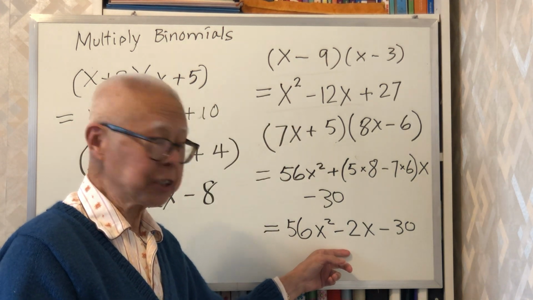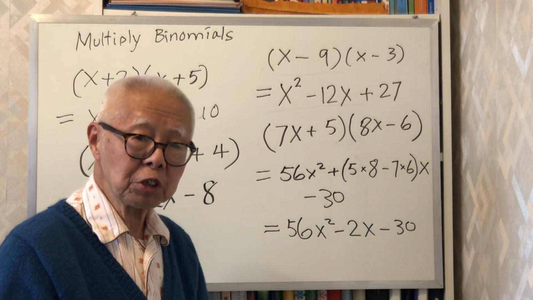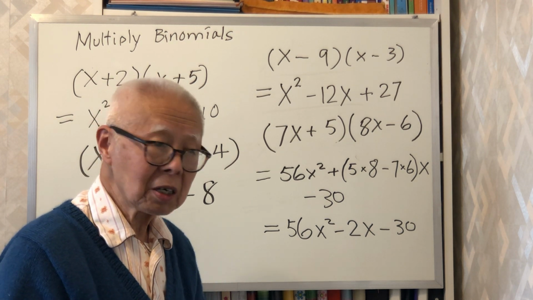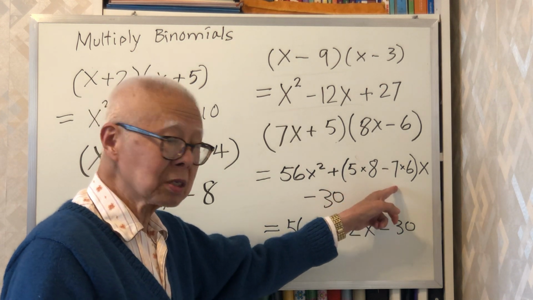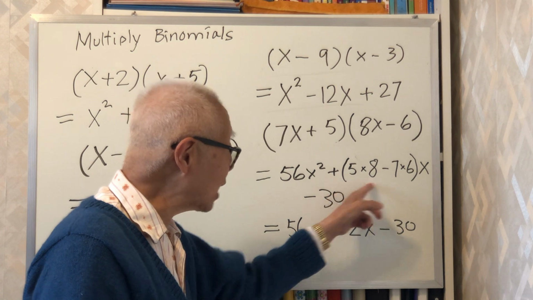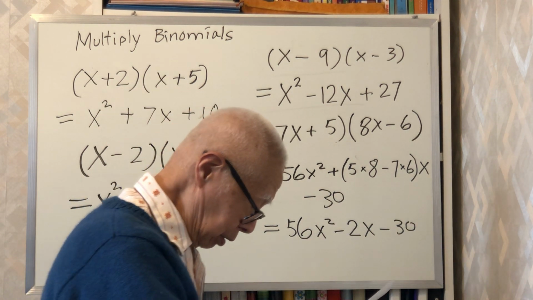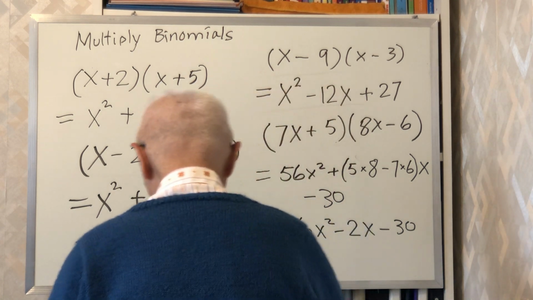This is my final answer. Can you do it even simpler? Can you do this part mentally? I want you to do this part mentally and write the answer right away. Let's have another example.